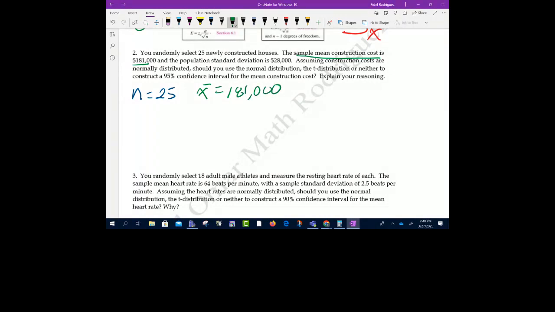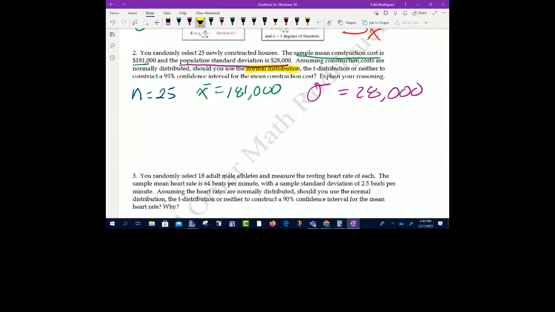All righty. Look what it tells me right here. Population standard deviation is 28,000. My friends, that is my sigma. Now the question says, should we use the normal distribution or should we use the T distribution?